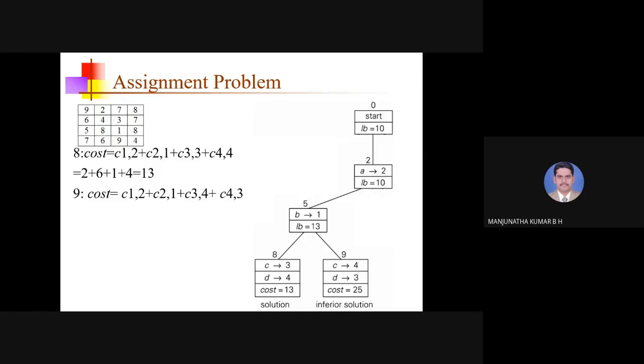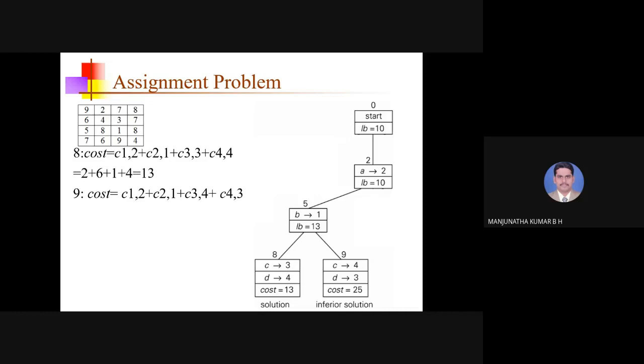Okay. Now let me explain how the cost of node 9 is calculated. So one more possible option. First 2 terms are fixed already: C of 1 comma 2 plus C of 2 comma 1. Suppose I give job 4 to person C, then the value will be C of 3 comma 4. Why?